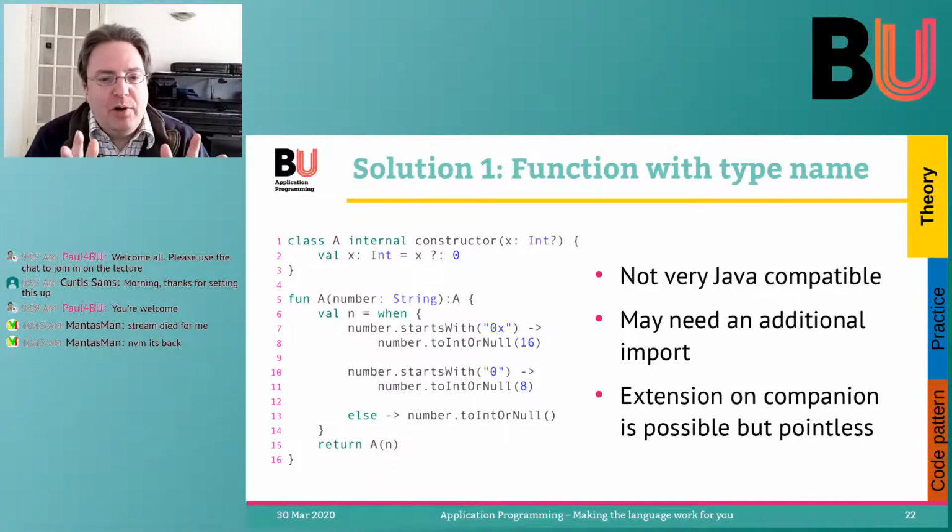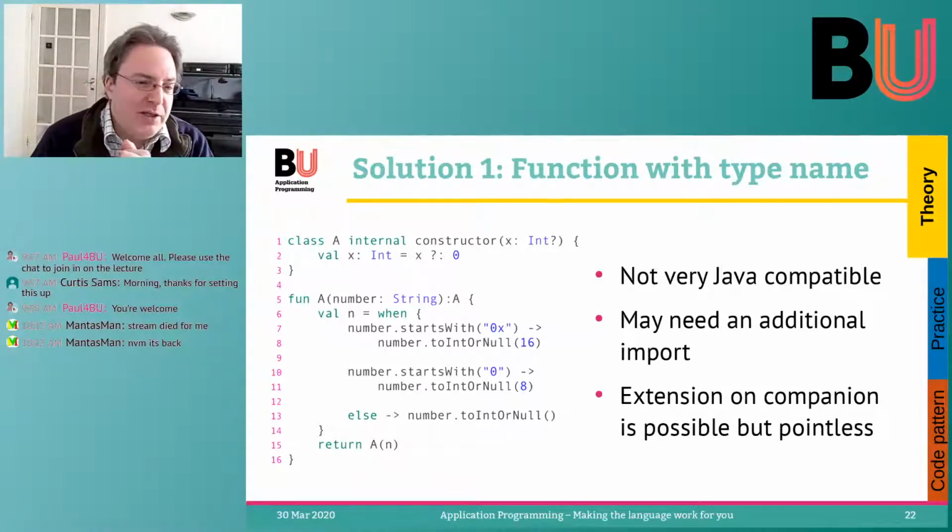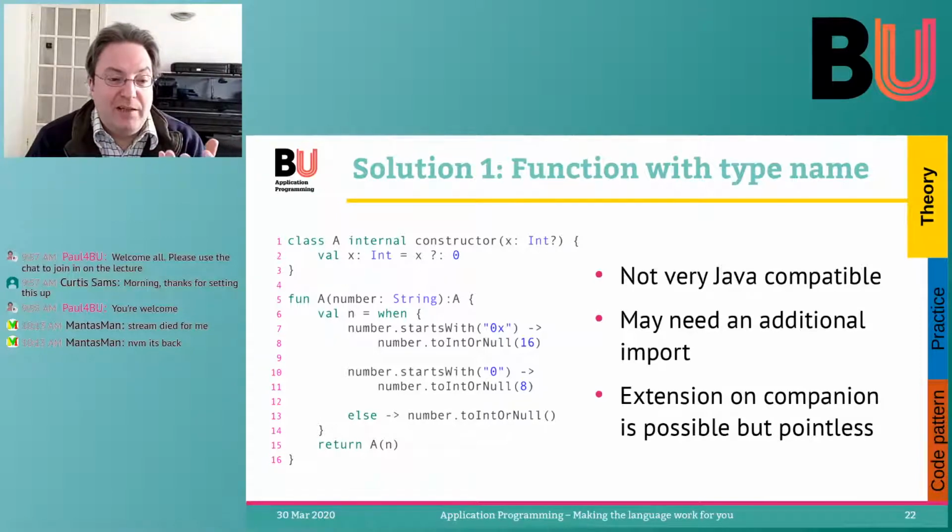Anyway, so how can you do this? There are 2 ways that you can do this. The first way is to have a free function that makes this work. So we have our class that we give an internal constructor because we don't want this to be our public interface.